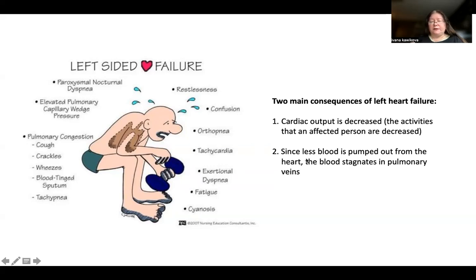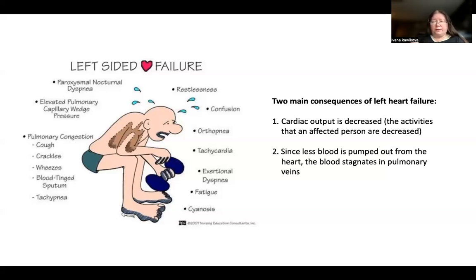But then the heart that is not able to pump the blood forward from the ventricle into aorta, the blood that is coming from the body will be stagnating in the pulmonary veins. Right? Pulmonary veins lead just to left atrium.